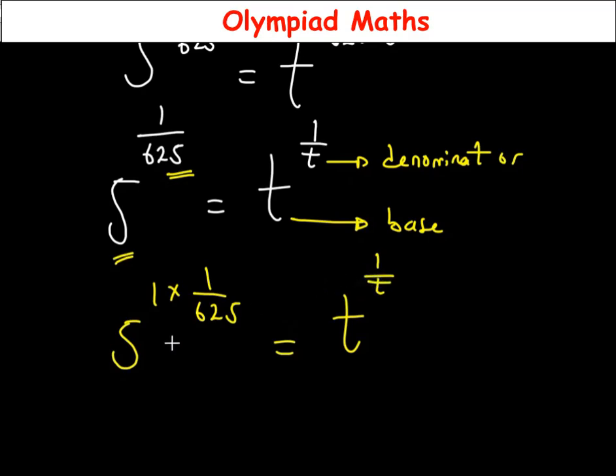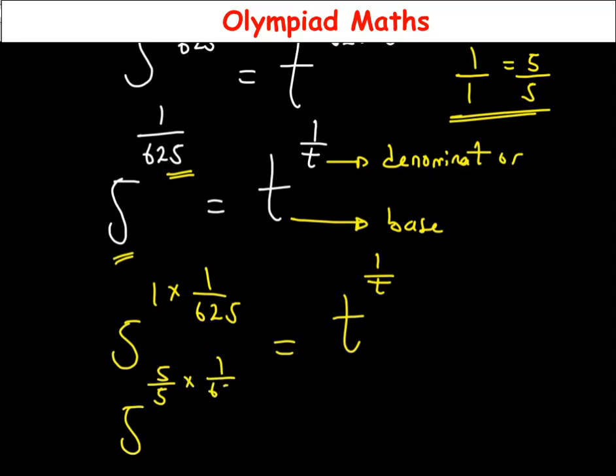At this junction, if you have 1 over 1, this equals 5 over 5, which gives us back 1. So in place of 1, we can write 5 over 5. So we have 5 raised to power 1 written as 5 over 5, then times 1 over 625, is equal to t raised to power 1 over t.